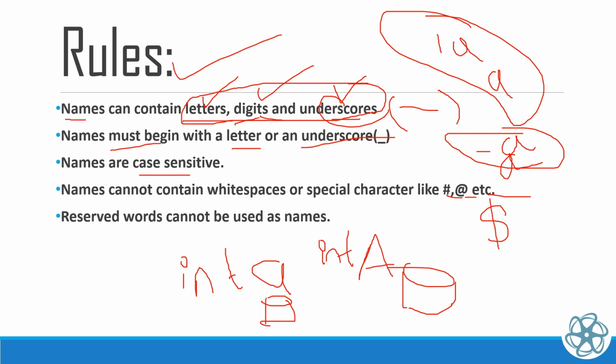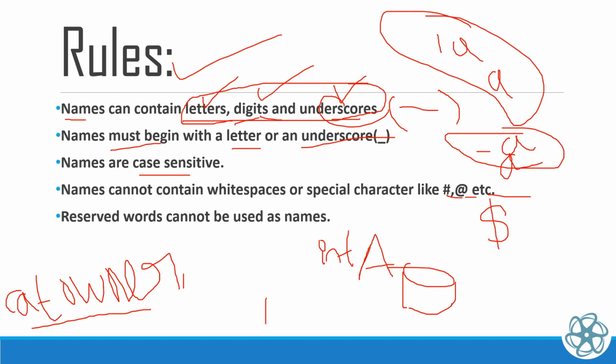If I want to name a variable cat owner, I can write it like cat underscore owner, but I can't write cat, then give some space, and write owner. I can't write names like this. If I give cat underscore owner, then it is fine, but I can't write cat space owner.